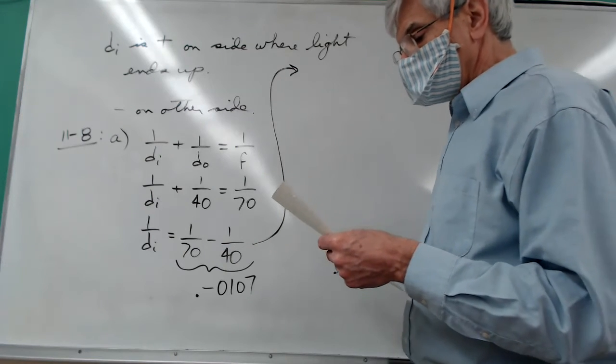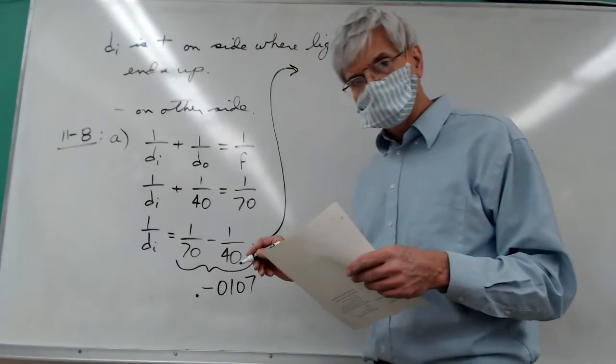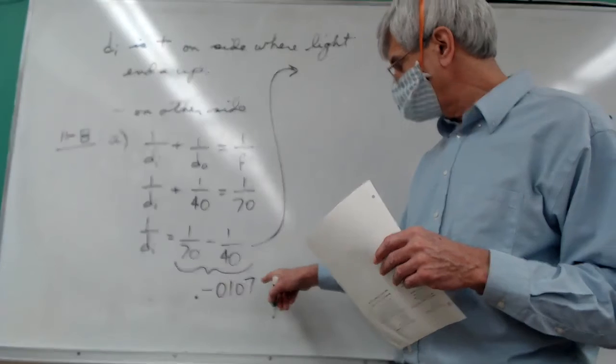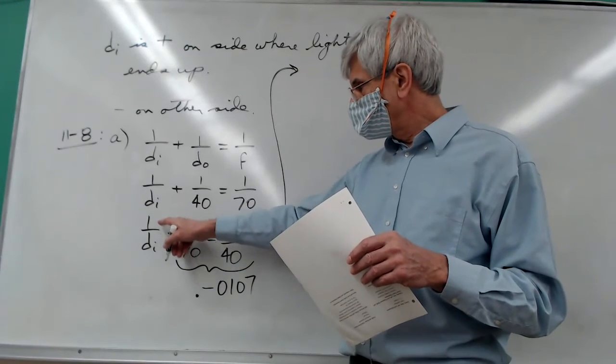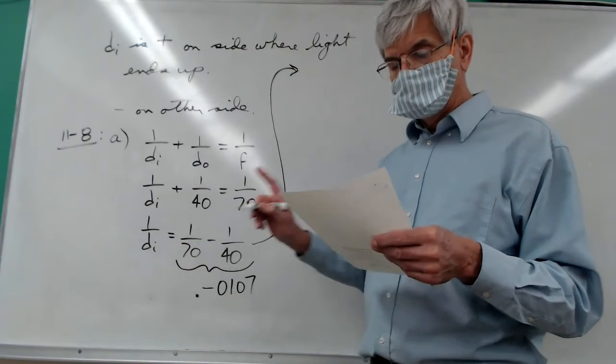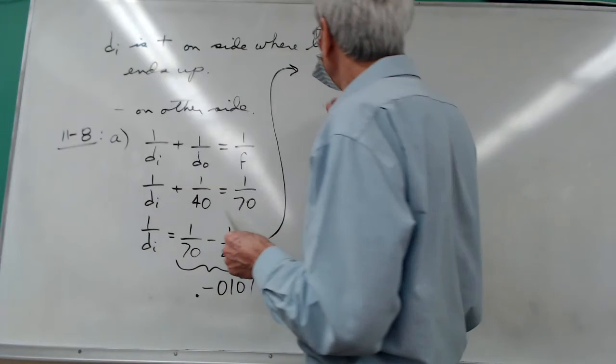So the other mistake people make sometimes is they forget this isn't the answer. This is 1 over DI. You have to do the reciprocal.